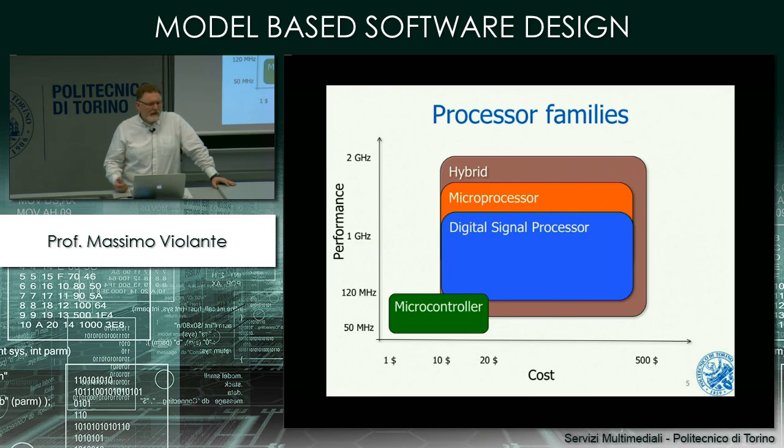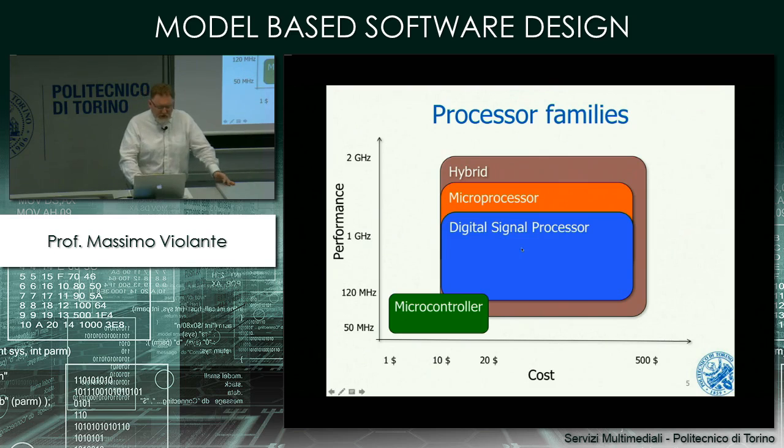In order to get a measure that everybody understands, even if it is not always the best way for expressing the performance of a processor, we consider the clock frequency. So how fast we can clock our device with an oscillator.